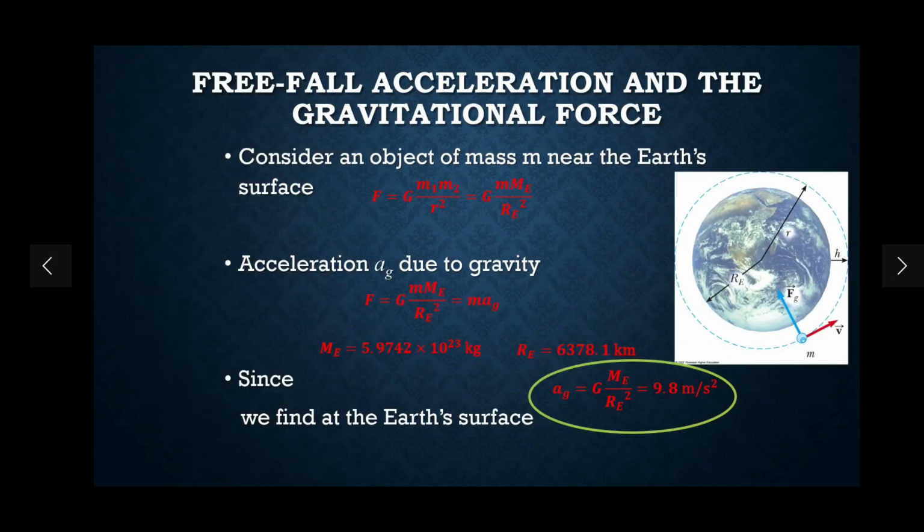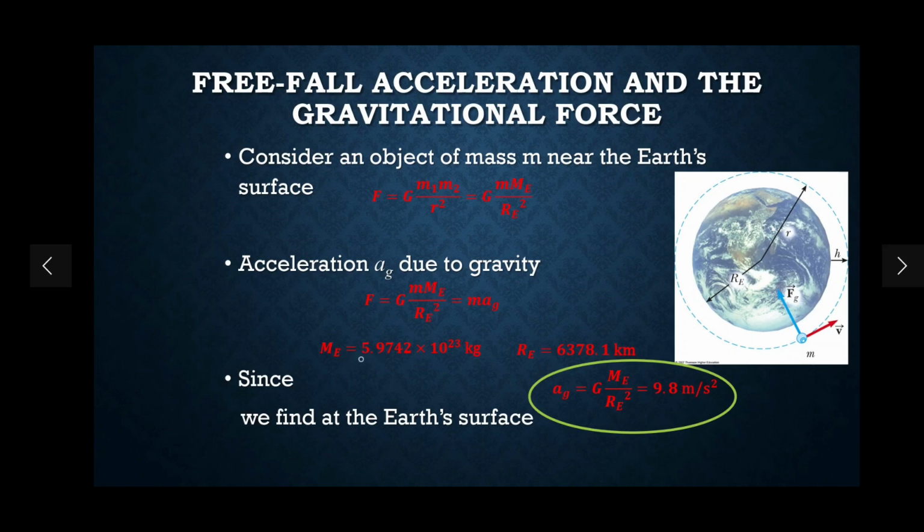Let's calculate free fall acceleration and the gravitational force. Let's consider an object of mass m near the Earth's surface, or we could say a satellite. It has an acceleration ag, or we could also say gravitational acceleration, which is due to gravity.